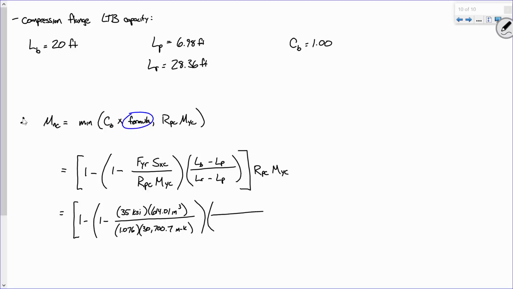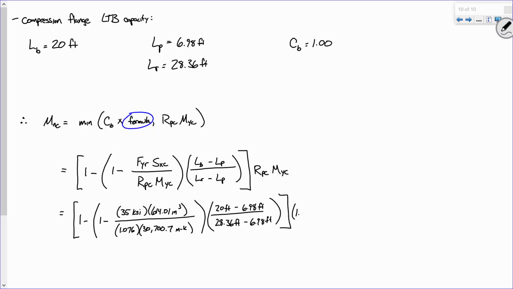Now, instead of the flange slendernesses, we're using our unbraced length, so 20 feet minus 6.98 feet, over 28.36 feet minus 6.98. This is where the linear interpolation happens.